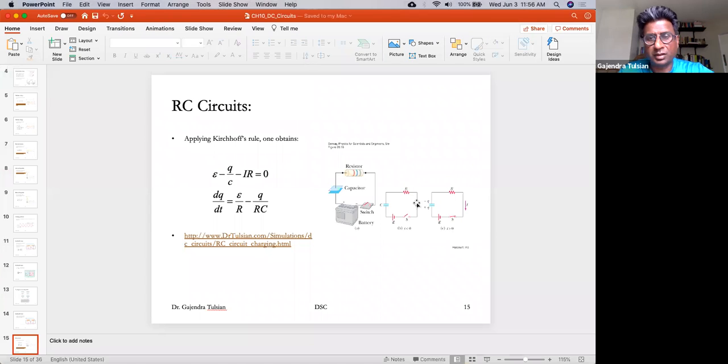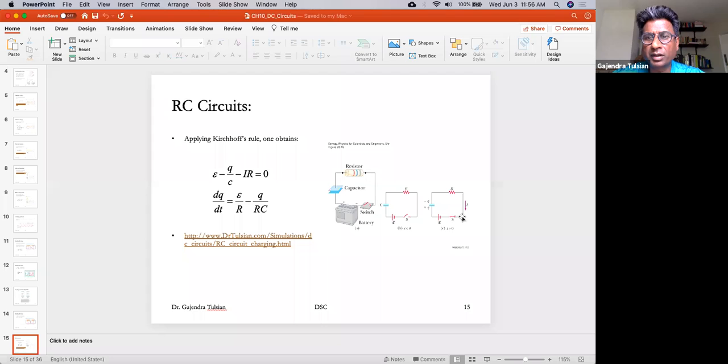Here's the deal. You close the circuit, and that's when time starts. So you close the circuit, that's t equal to 0, and now you want to know the behavior of this circuit going forward. This is a closed loop, so you can apply Kirchhoff's loop rule to it.